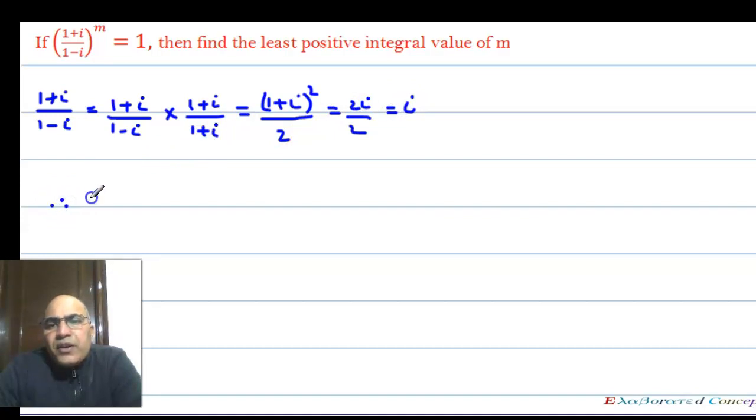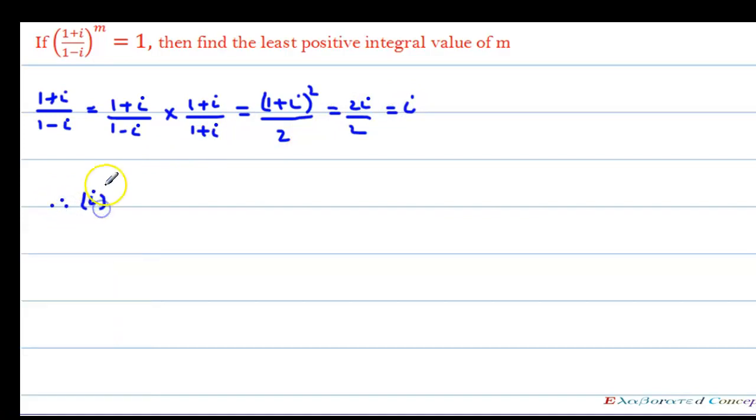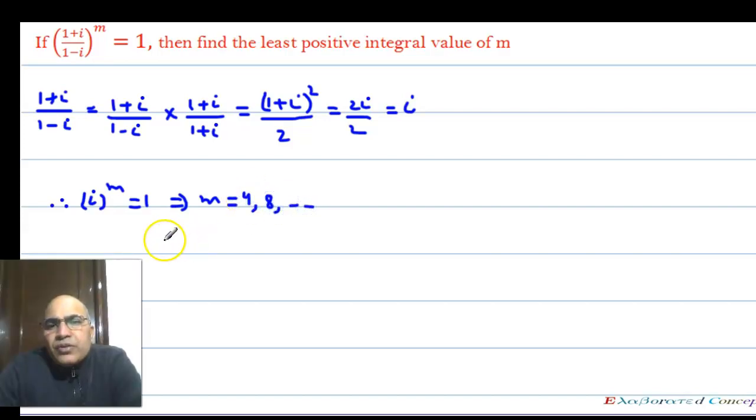Therefore, iota raised to power m equals 1. Iota raised to m equal to 1 implies m is a multiple of 4: 4, 8, and so on. So the least positive integral value of m is 4.